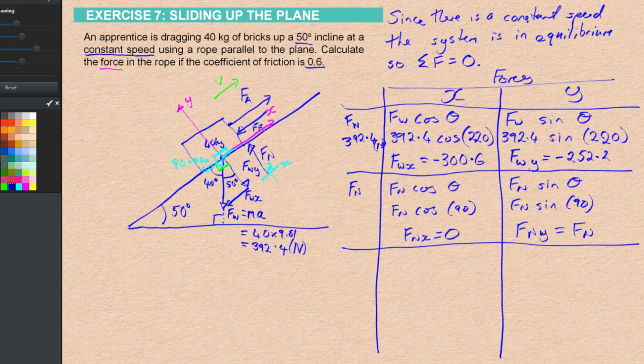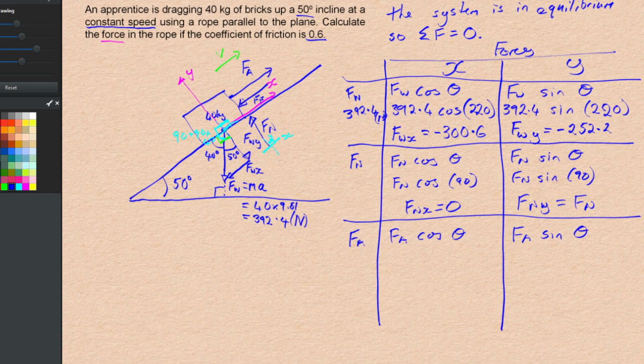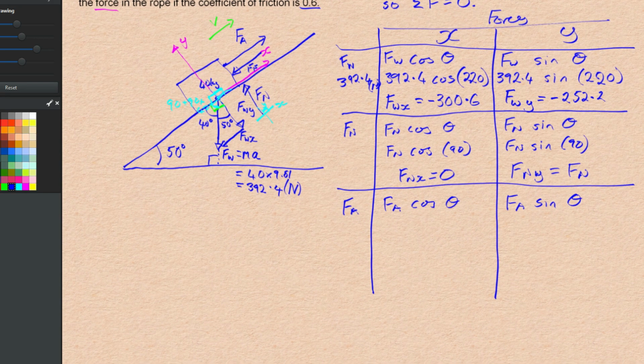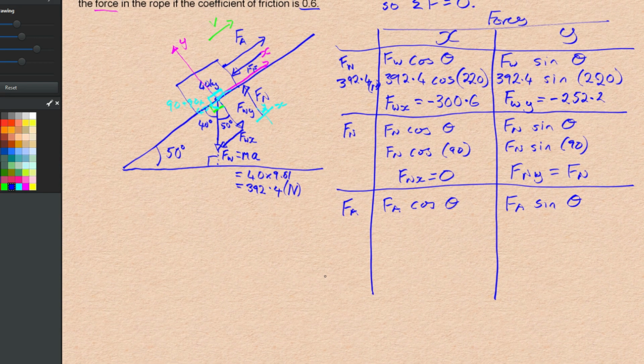Going down, we've got our applied force, and then I'll do the friction force. Fa cos theta, Fa sine theta. Okay, we'll just move it down a bit. We'll leave the coefficient of friction there because we'll need it. Fa is, I believe, straight in the x direction.